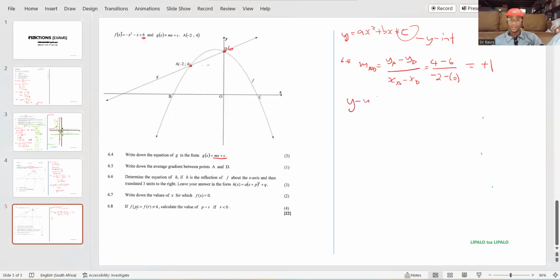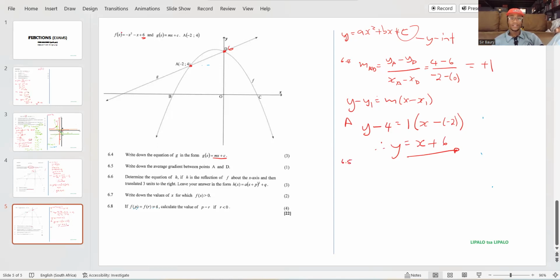So y minus y1 equals m times x minus x1. I'm going to use this equation because it's simpler. So I substitute a point. I can choose any point, A or D. I can use point A. So it's y minus 4 equals 1, which is the gradient, times x minus -2. So therefore, y is going to be equal to x plus 2 plus 6. Here's my function.